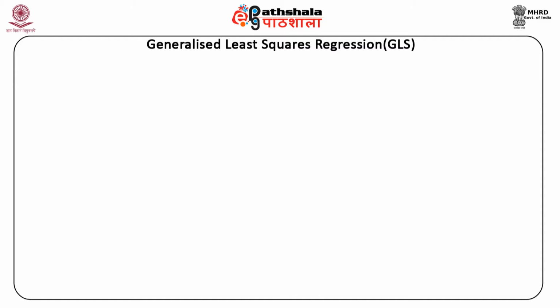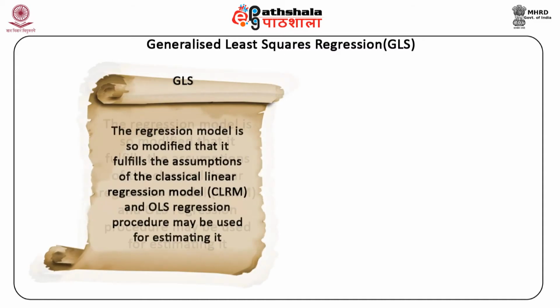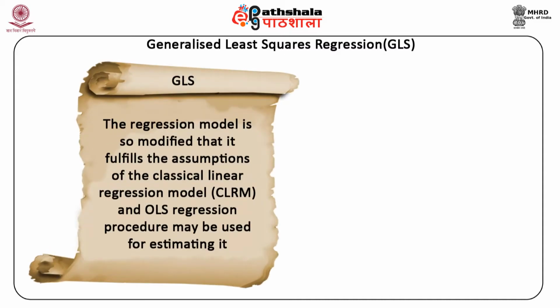GLS regression is a very useful method where the regression model is so modified that it fulfills the assumptions of the classical linear regression model, or CLRM, and the OLS regression procedure may be used for estimating it. Therefore, the GLS procedure is applicable only when rho is known.